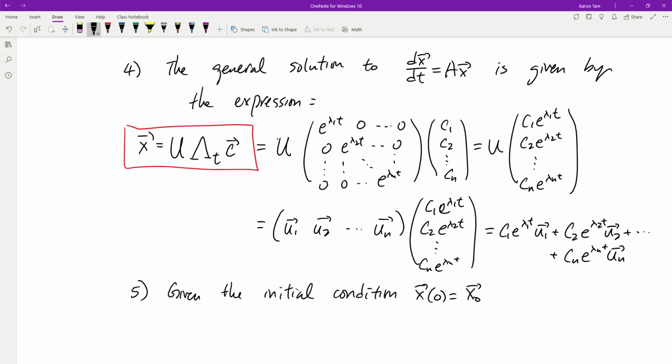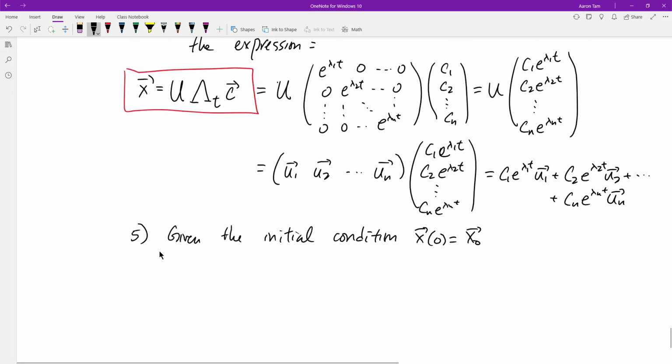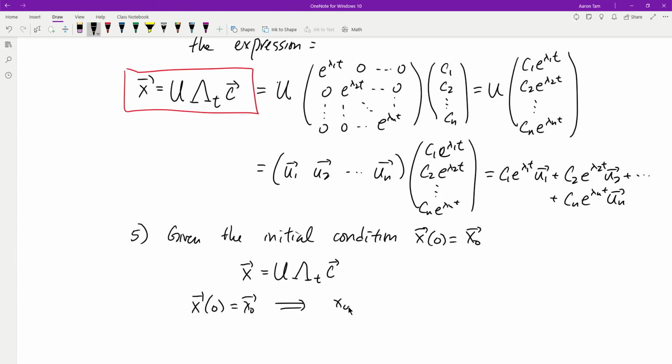Well, then simple. What we're going to do is try to solve for c given this condition. So let's see if we can do this. So our solution is vector x equal to U lambda t vector c. So if I now put in this condition, vector x of 0 equal to x sub 0, it would imply that x sub 0 is equal to U lambda 0 vector c.